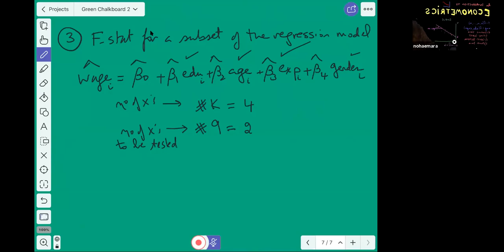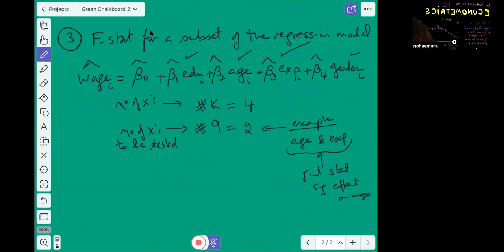I want to, for example, check the statistical significance of, let's choose any two, for example, age and experience, right? I want to check whether these two have a joint statistical significance or significant effect on wage.